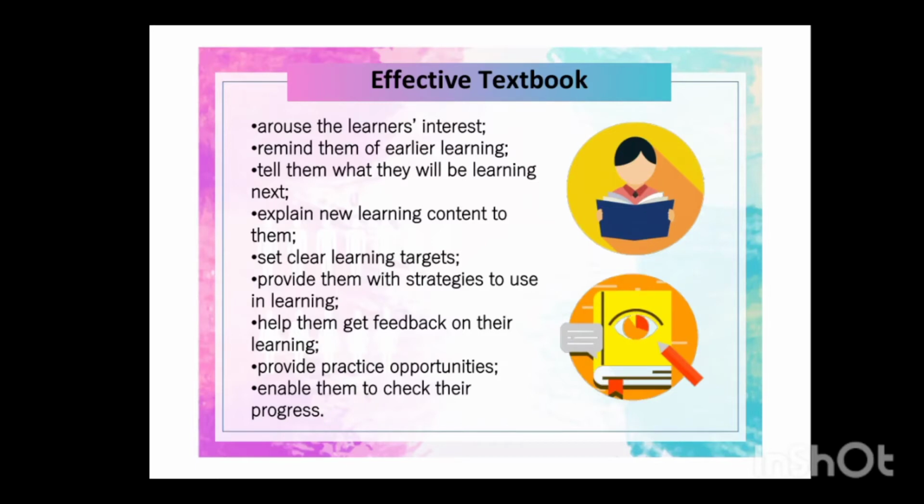The materials must be very clear and must be relevant to the goals of the textbook. Sometimes effective textbooks may also provide the students with strategies that they can use in their learning, and some features so that the students can track their progress.